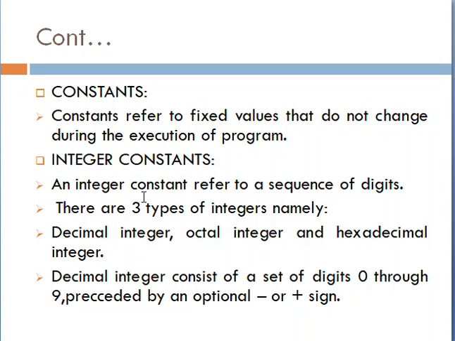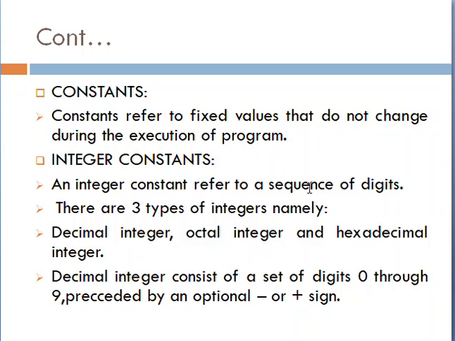An integer constant refers to a sequence of digits. It may be integer digits, for example, 1, 2, 3, 4, 9, 8, 7, 9. So this is a constant value. Here we also categorize the constants into decimal integer, octal integer, and hexadecimal integer.